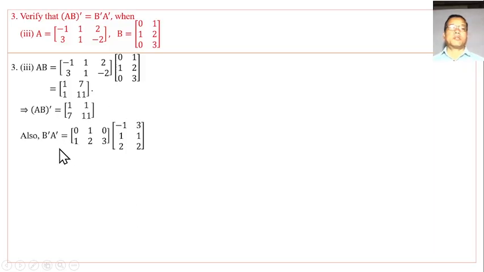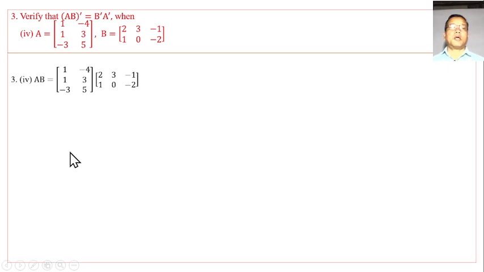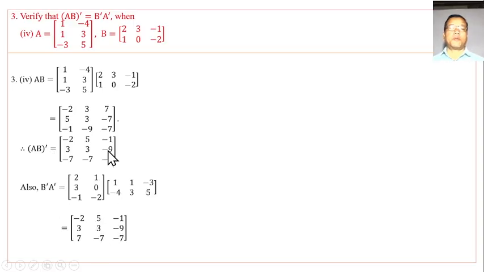Then B transpose into A transpose, we multiply directly. Left side and right side are the same. Therefore AB transpose equal to B transpose into A transpose is verified. For the next one, the product AB and AB transpose, then B transpose and A transpose, we multiply.